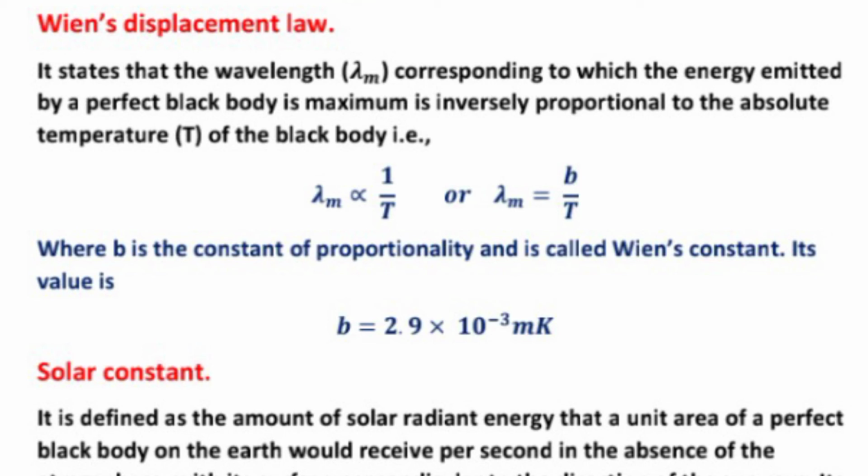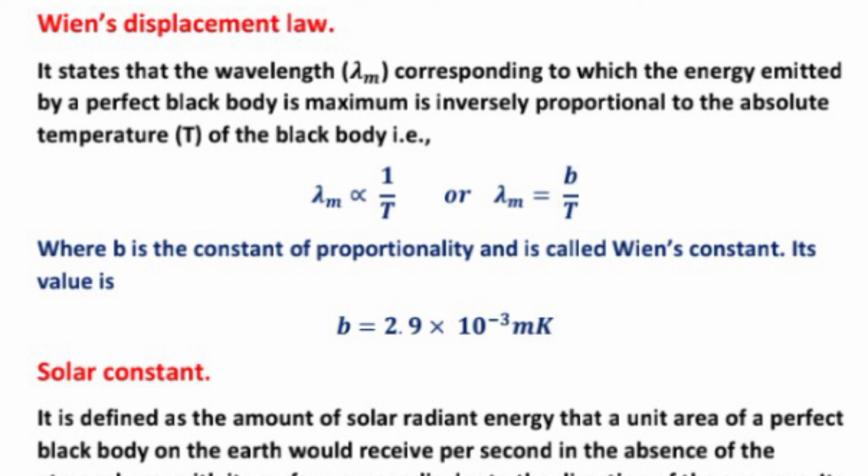It states that the wavelength lambda m, corresponding to which the energy emitted by a perfect black body is maximum, is inversely proportional to the absolute temperature T of the black body. Lambda m is directly proportional to 1 upon T, or it can be written as lambda m equals B upon T, where B is the constant of proportionality and is called Wien's constant, and its value is B equals 2.9 × 10^-3 meter Kelvin.